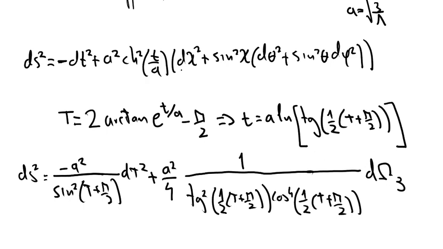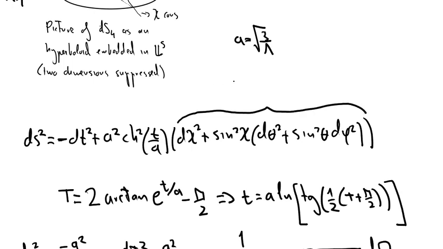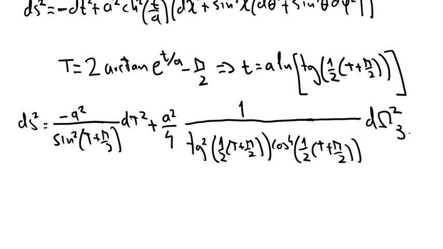I'm just adopting the standard abbreviation of naming the metric on the round 3 sphere by d omega 3 squared. So this is this.